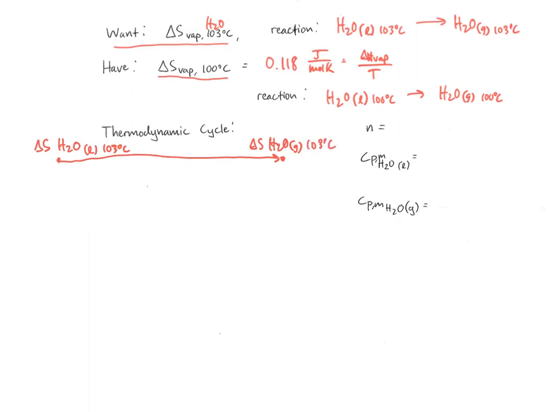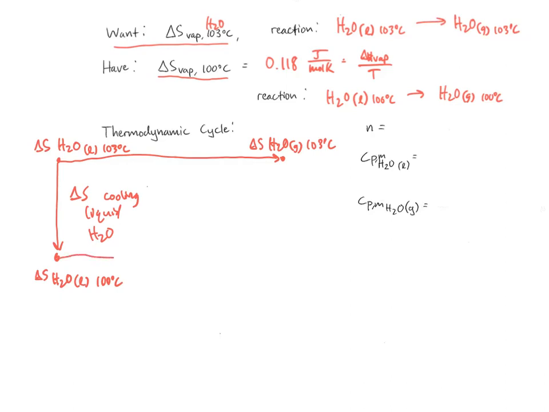But we can't do that directly, so first what we've got to do is calculate the entropy of the liquid, bringing it down to 100 degrees C. So H2O liquid at 100 degrees C. So this is the entropy of cooling the liquid H2O.